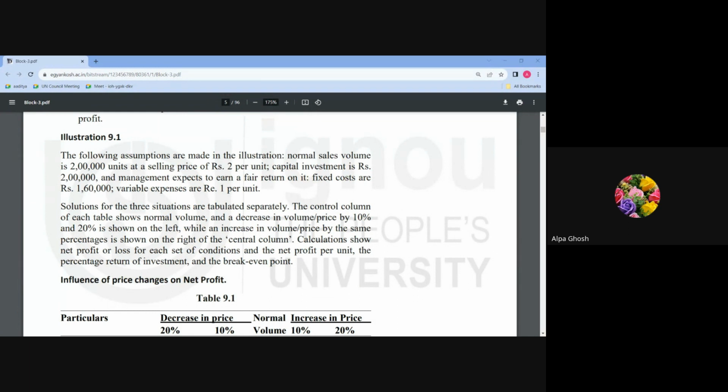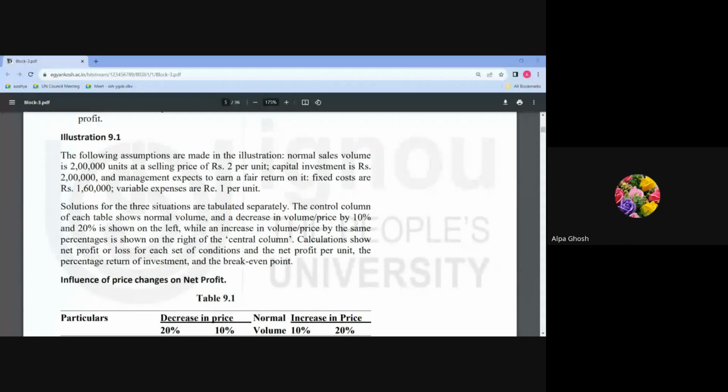Am I clear till this? Yes, ma'am. So it is 2 rupees per unit.